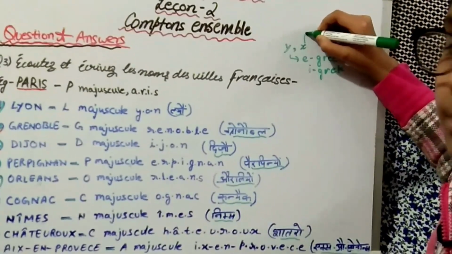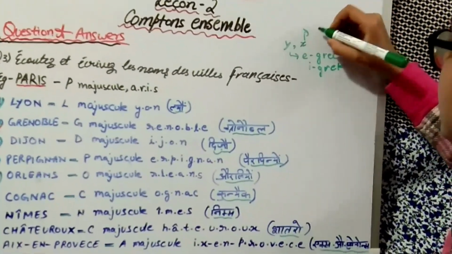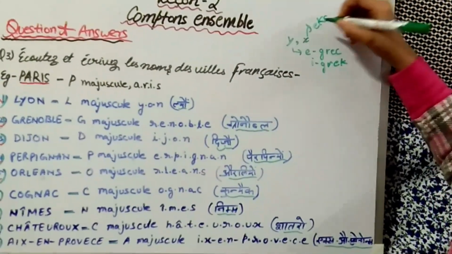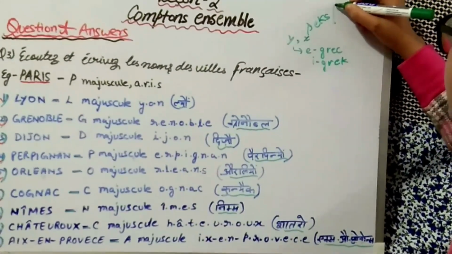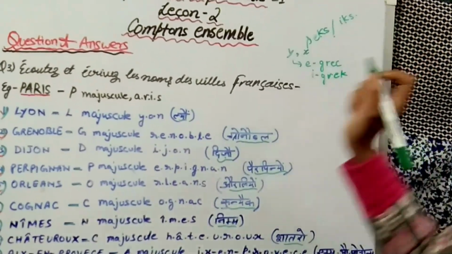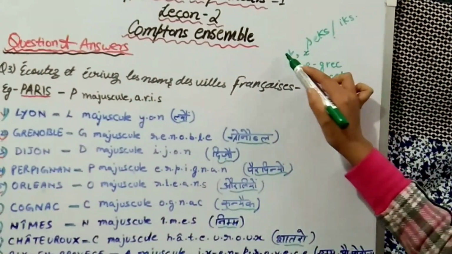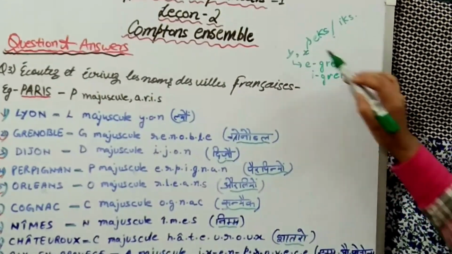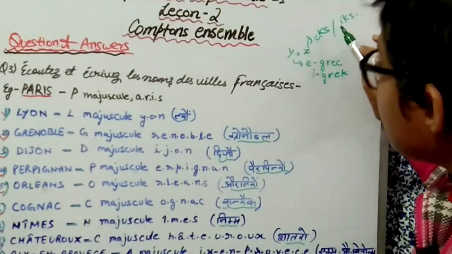Then we have the pronunciation of X, and that is I-K-S, X. People can also write it as E-K-S, X. So do remember the pronunciation of Y and X.